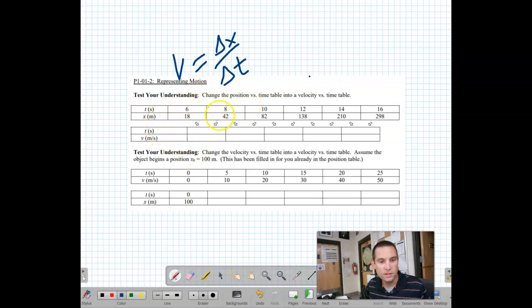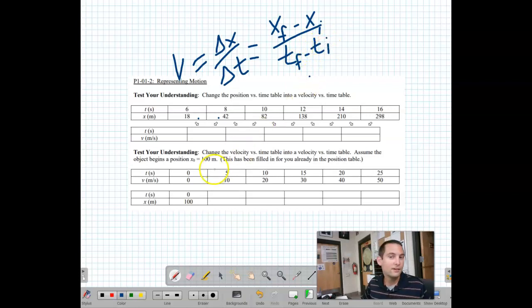So position versus time. Remember, we're looking for the midpoint here. So we have 42 minus 18, because this is the same thing as x final minus x initial, and all of that is going to be over t final minus t initial.